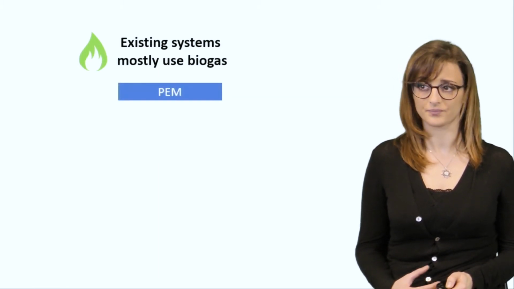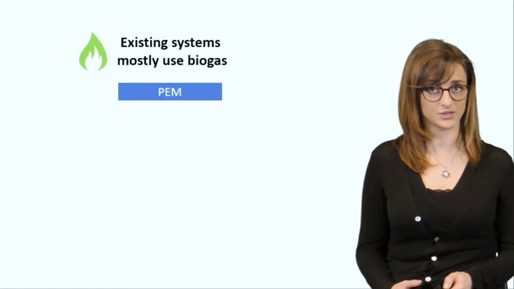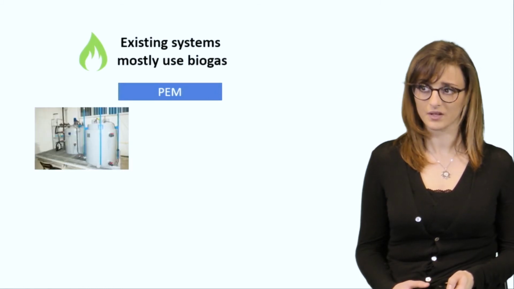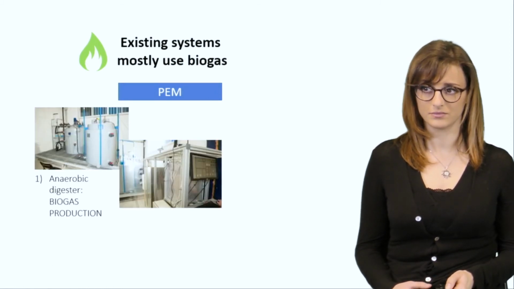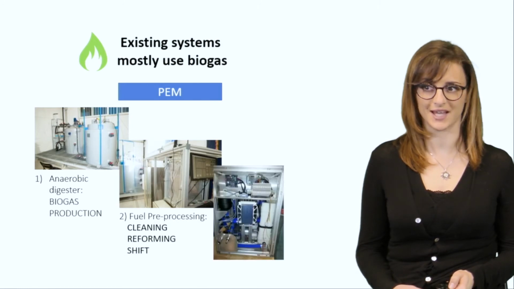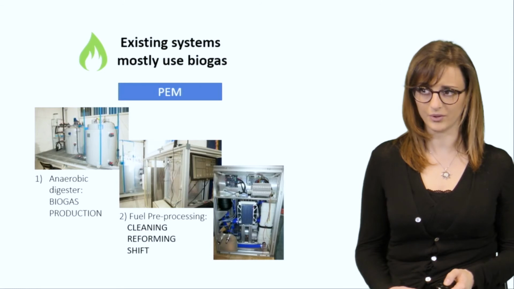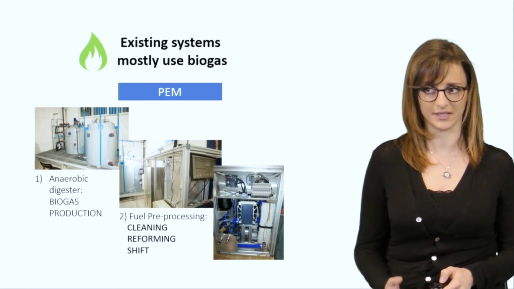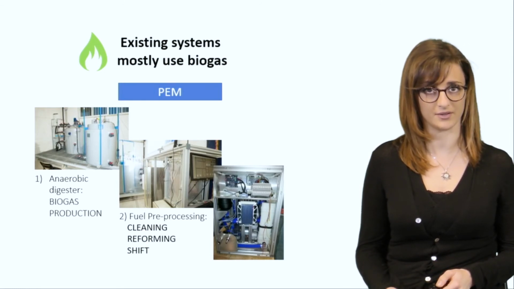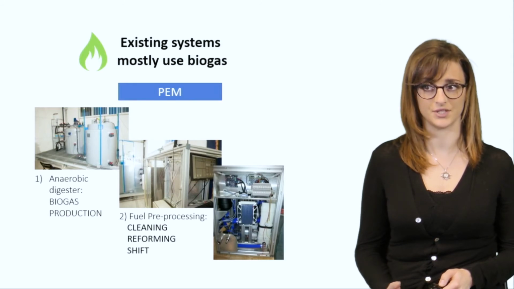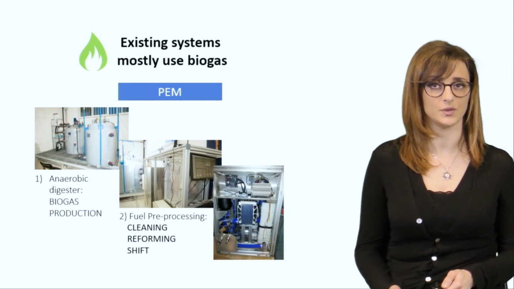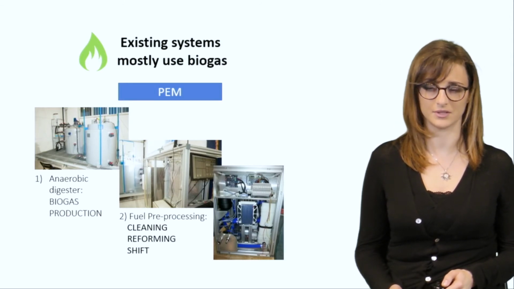So we have an example based on low temperature fuel cells. Before the fuel cell itself, the plant has other components aimed at cleaning and reforming biogas. So hydrogen is just fed to the polymer electrolyte membrane fuel cell.